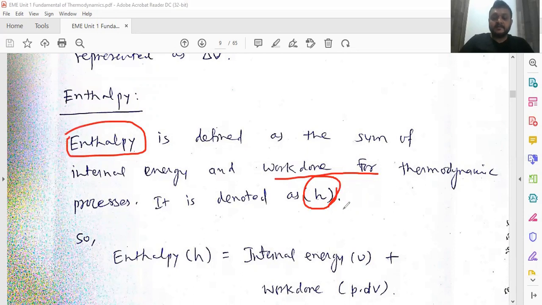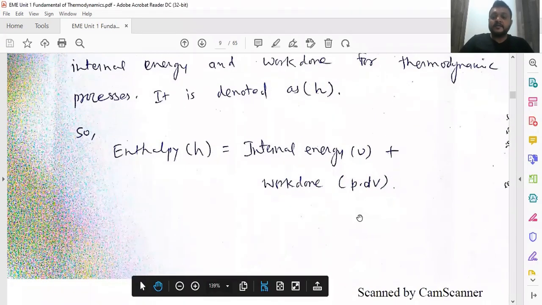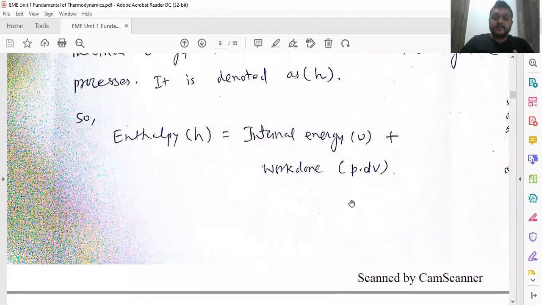So H is equal to U plus work done. Now, work done we already defined in the previous lecture as pressure into change in volume. So H is equal to U plus P delta V. So this is the concept of enthalpy.